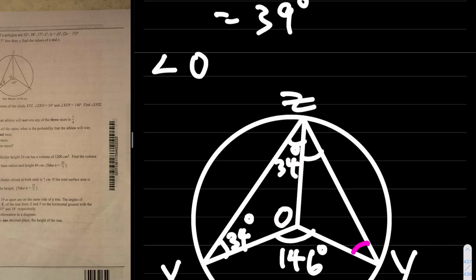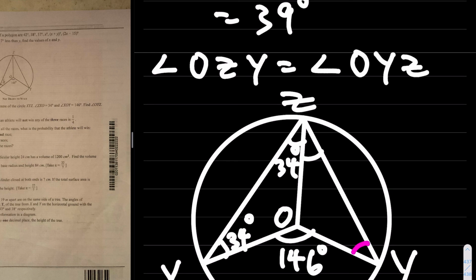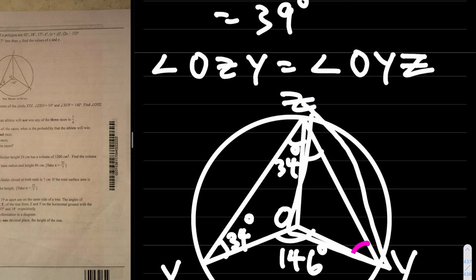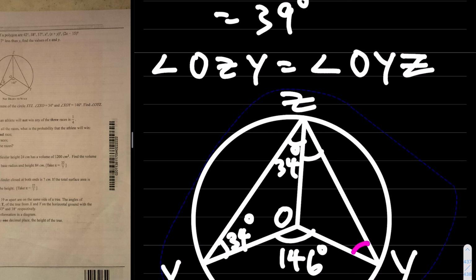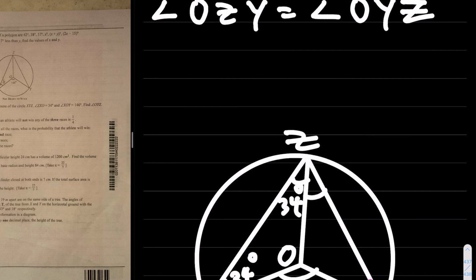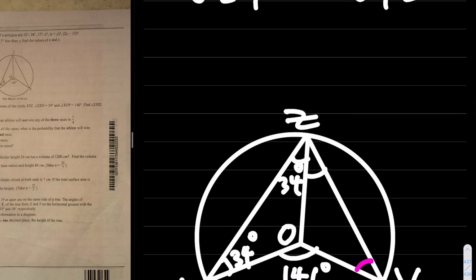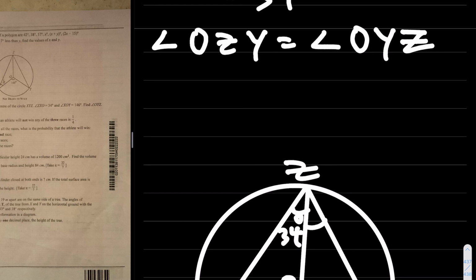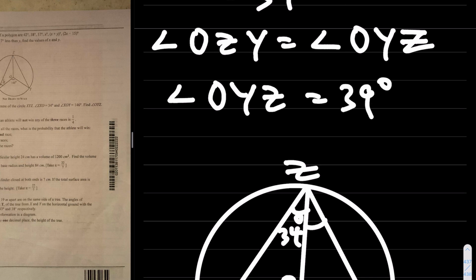And angle OZY is the same as angle OYZ, base angles of the isosceles triangle OYZ. That therefore means angle OYZ is equal to 39 degrees.